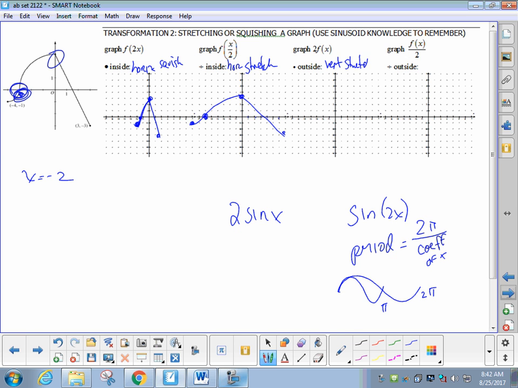So would you quick jot these two down and we'll move along. The x will stay the same. Notice this time the x stays the same, the y changes. Something like that, yeah, it's supposed to look curvy.